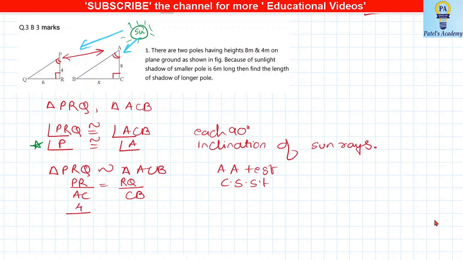PR is 4, AC is 8, RQ is 6, and BC is x. Now if you cross multiply, x equals 8 into 6 upon 4, which is 12. So what is 12? That is nothing but the shadow of which pole? AB, 12 meters.